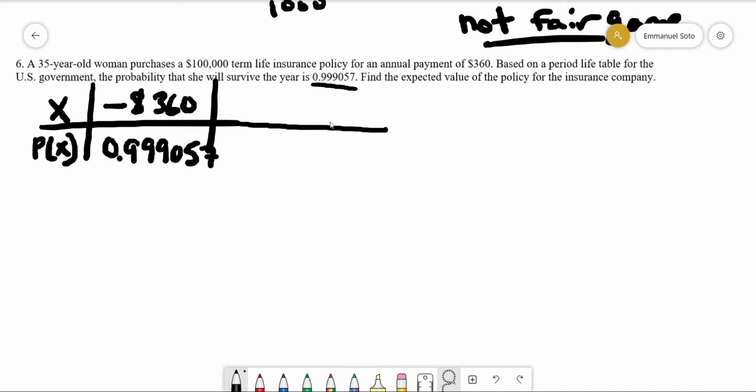So her family, so basically she gets the $100,000 minus, okay, so actually we're just going to say she gets the $100,000.